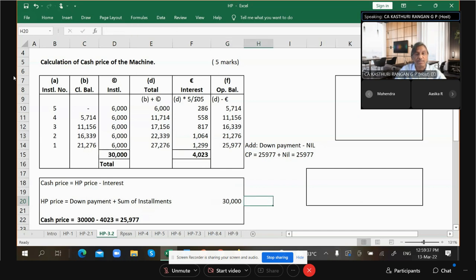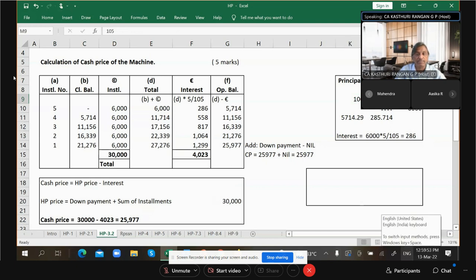Now how did I put 5%? This I'm explaining here. You can see here. Very easy. If principal is 100, interest is 5%, total is 105. So if 6,000 is the total, what will be interest? 6,000 into 5 by 105.